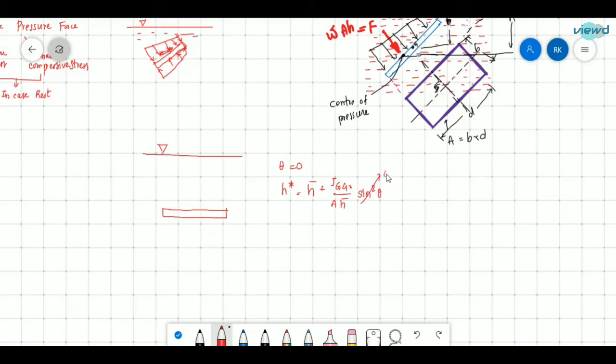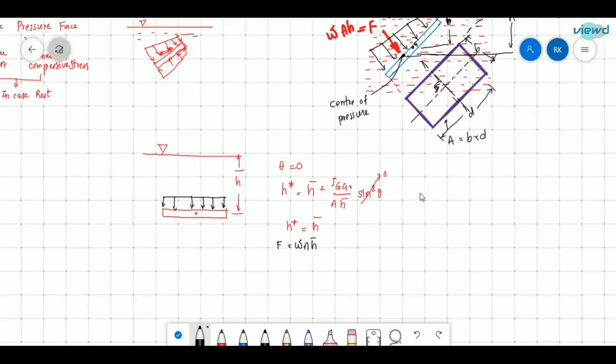Sine theta is 0, so this total value will be 0. So h star is equal to h bar. The pressure distribution will be constant since there is no depth, and here F is equal to W A h bar, and this W is specific weight, as you know.